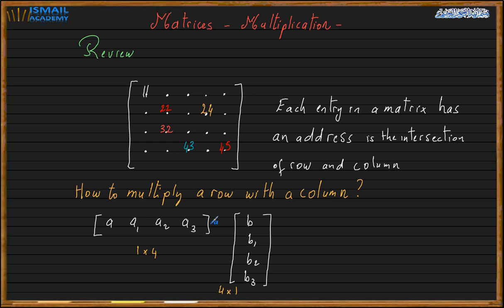To multiply a row with a column, you see this row has four columns and that column has four rows. We have one row and four columns, and four rows and one column. If the number of columns of the first matrix equals the number of rows of the second matrix, then we can multiply.